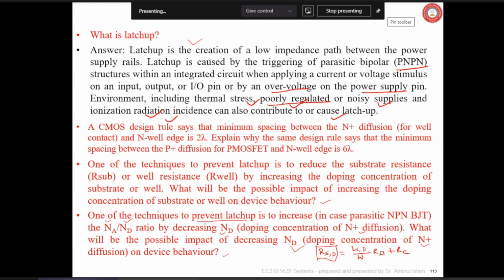And if a nearby reverse-biased junction collects those charges, then a stored 1 may be flipped into 0 or vice versa. This phenomenon is called single event transient, SET. Okay, it is mainly visible in memory circuits.